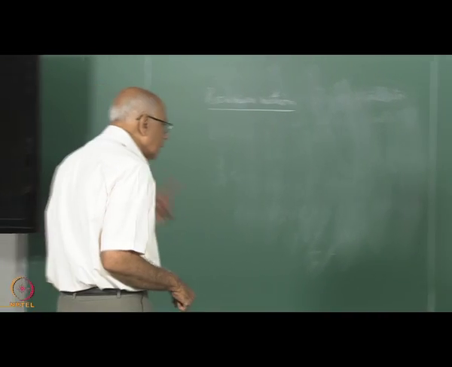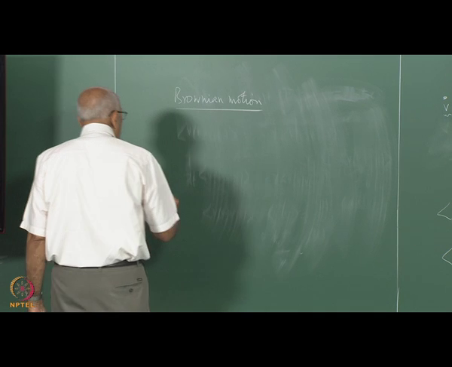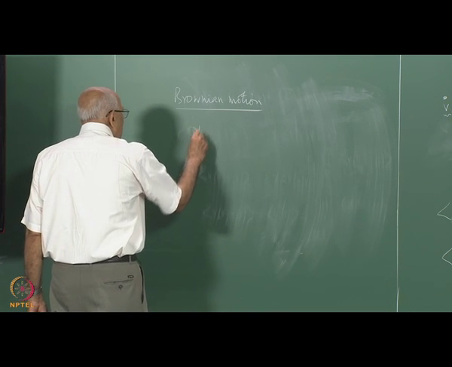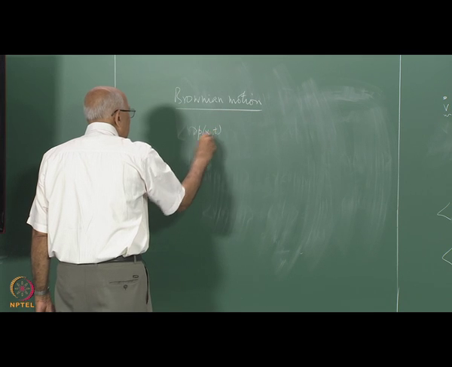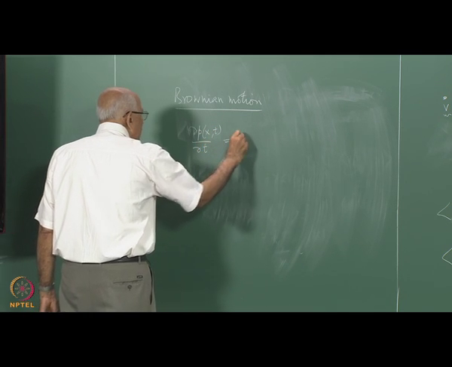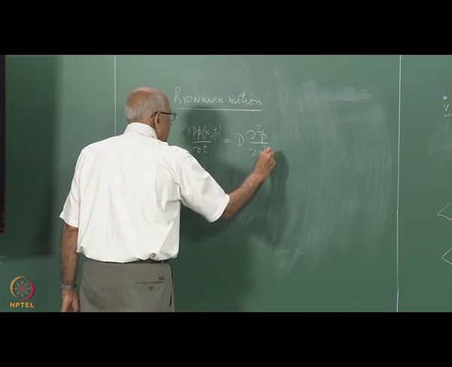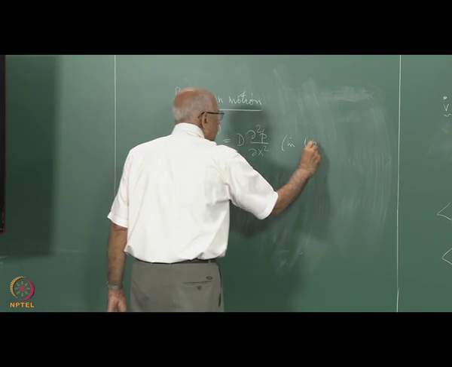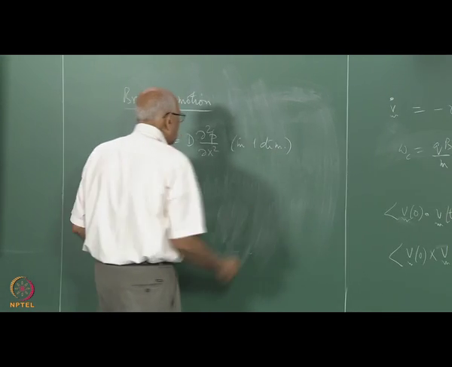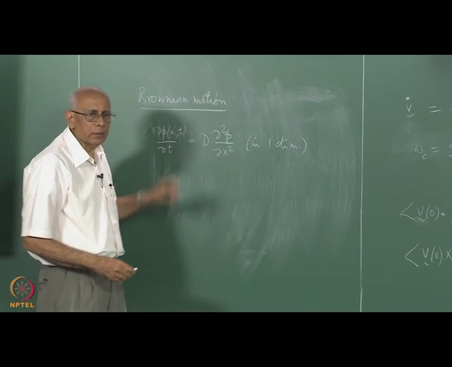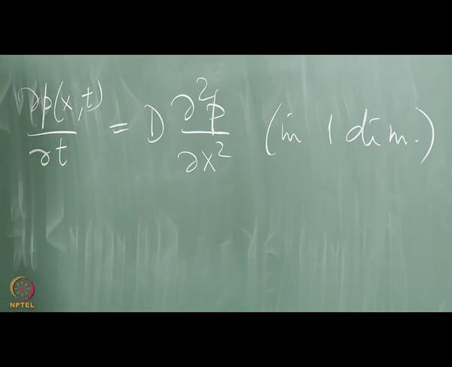Let us go back and ask what that diffusion equation was. So you had delta p of x,t over delta t equal to D d2p over dx2 in one dimension. Otherwise you get a del squared out here, with some given constant D.